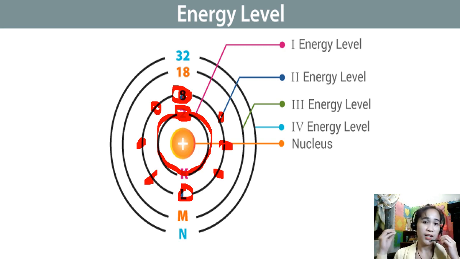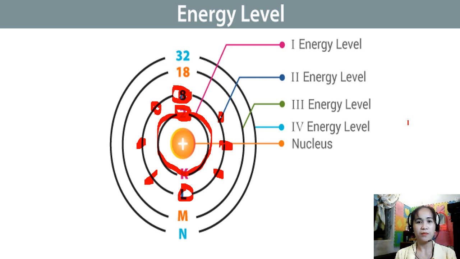Take note that the lowest energy level is the one nearest to the nucleus. At ilan yung electrons ang pwede niyang i-hold? So, only 2 electrons. 2, 8, 18, 32. Okay? So, take note with that guys kasi magagamit nyo ito kung ma-proceed na kayo sa grade 9.